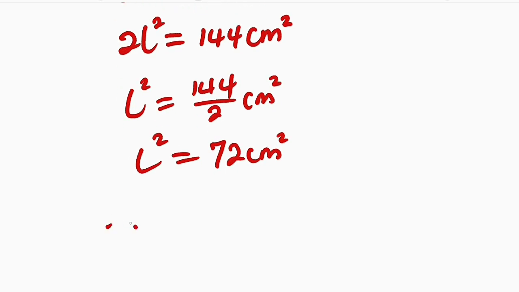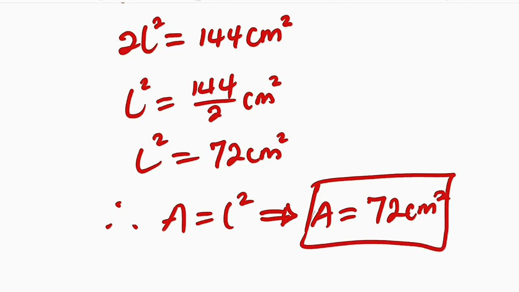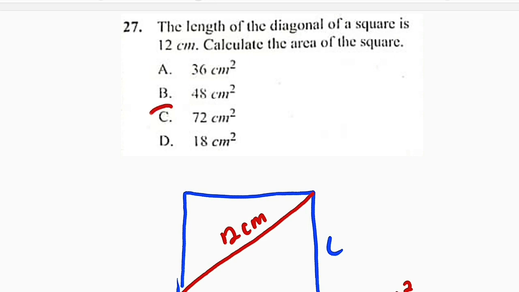Therefore, we can conclude that the area, which is L squared, implies what? The area is equal to 72 cm squared. And hence, this is the area of that square, 72 cm squared, which is what? Option C. Now let us move on to question number 28.